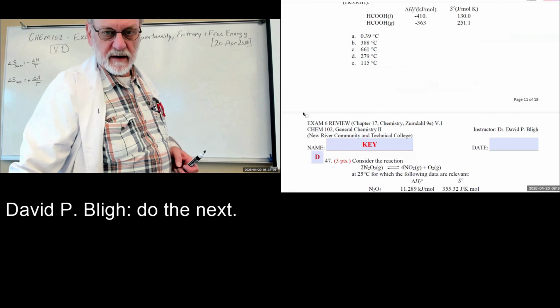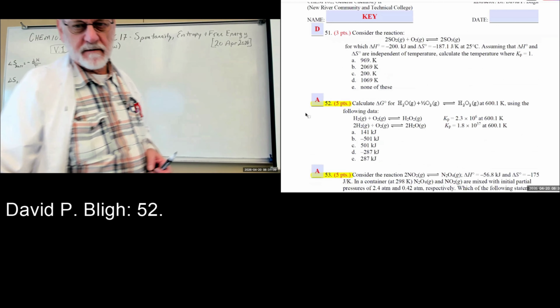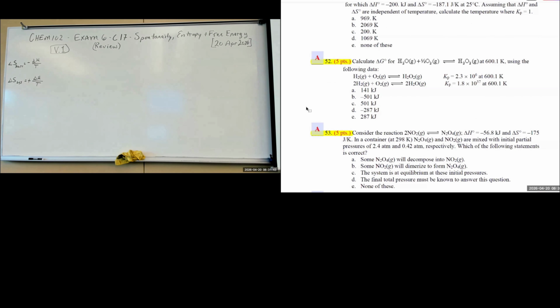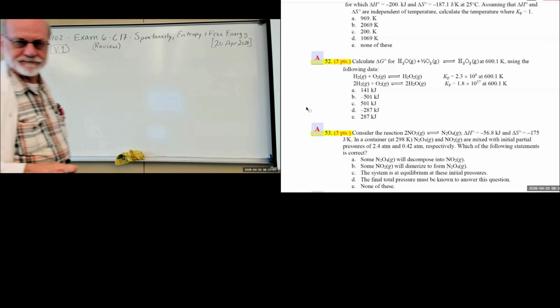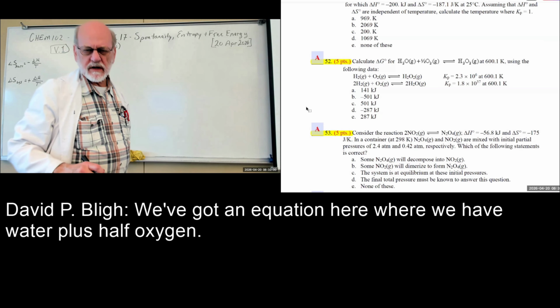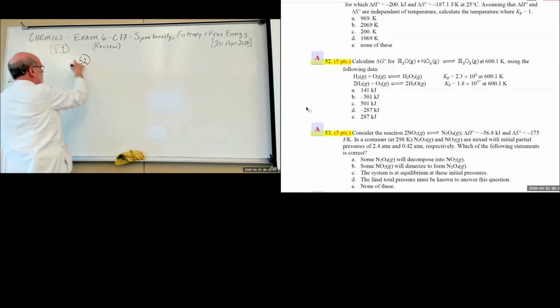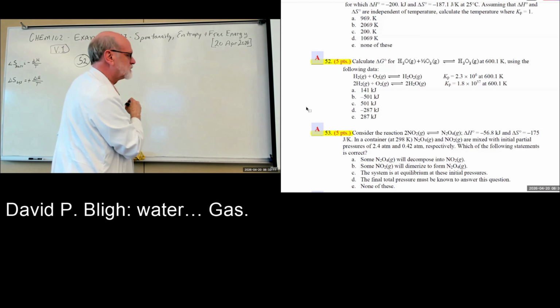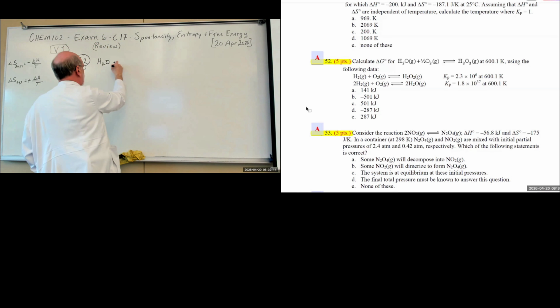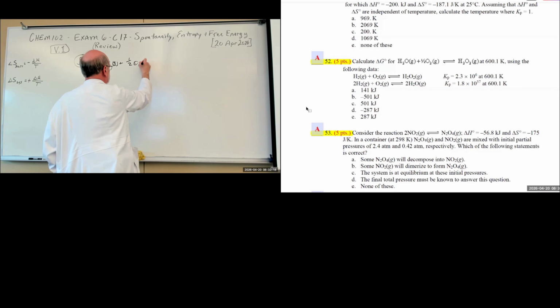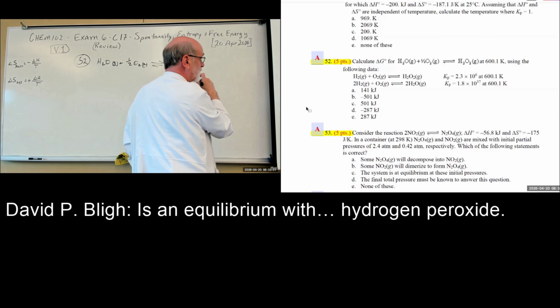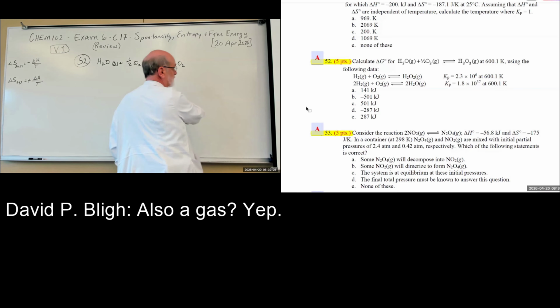Okay, do the next, number 52. We've got an equation where we have water gas plus 1/2 O2 gas in equilibrium with hydrogen peroxide, also a gas.